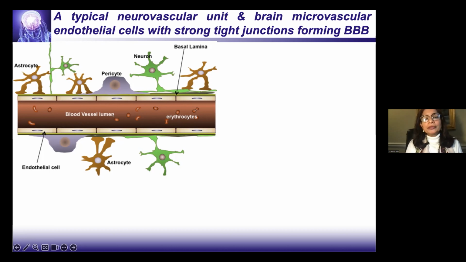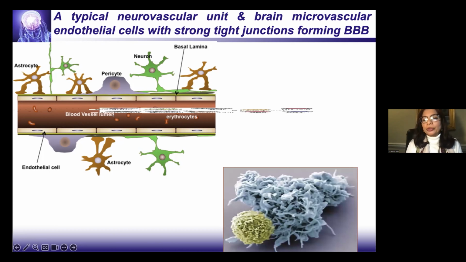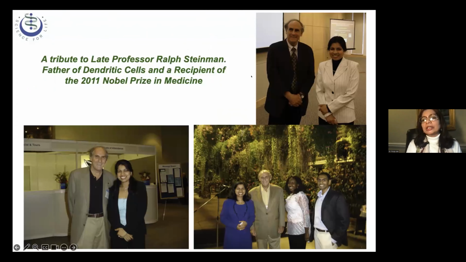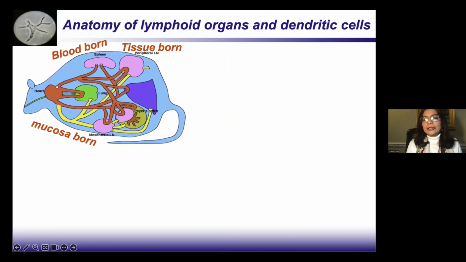Through the lumen of these microvascular endothelial cells, a slew of immune cells constantly enter the CNS for immune surveillance. One of those cells, dendritic cells, which are the most potent antigen presenting cells, have been the focus of our research, which was greatly facilitated by the consultation and collaboration with the late Professor Ralph Steinman, who discovered the dendritic cell and received the Nobel Prize in 2011.